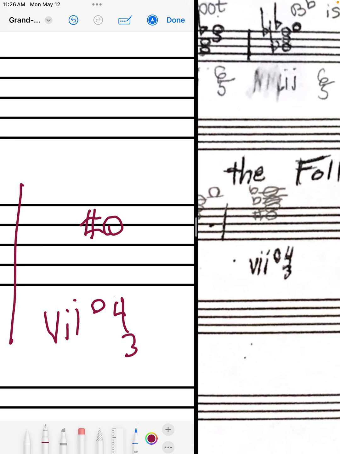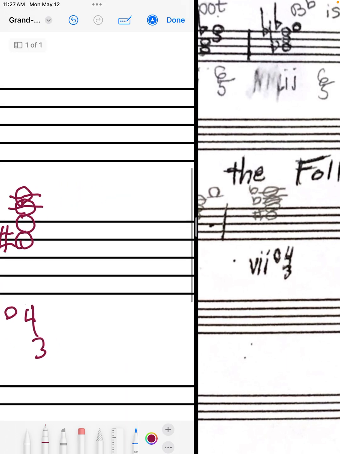D, F, A. That's already a minor triad. Minor and diminished. Wait, minor. Try to make sure. And then C goes after him. Alright.